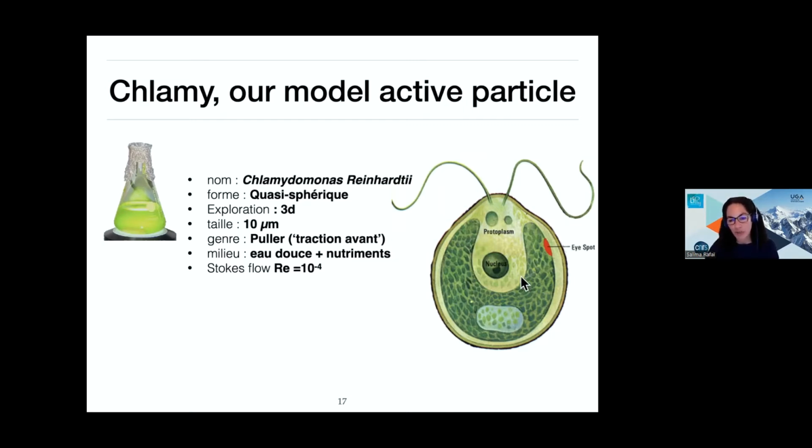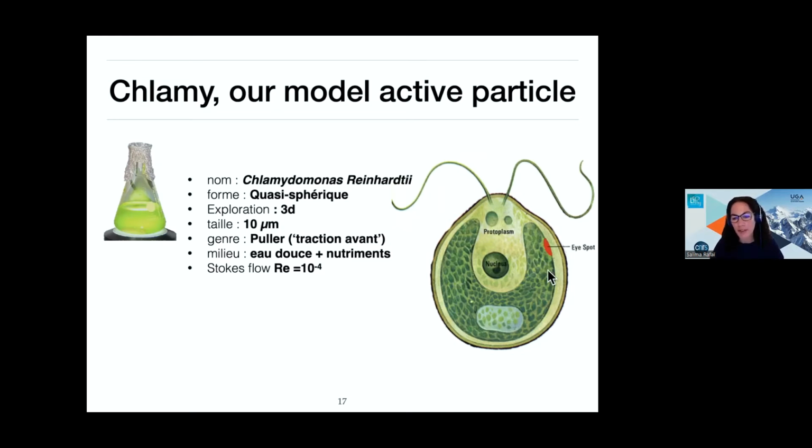So the reason I chose this cell is several items here. The shape is quasi-spherical. So for the modeling, we can model this as a spherical particle. The exploration, the motility of this algae is really 3D. If we compare to bacteria, for instance, that like to swim close to walls, this one is really exploring the 3D space.